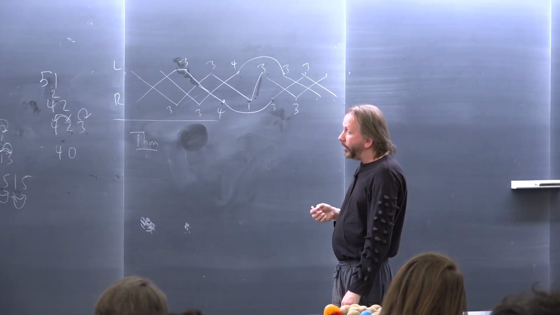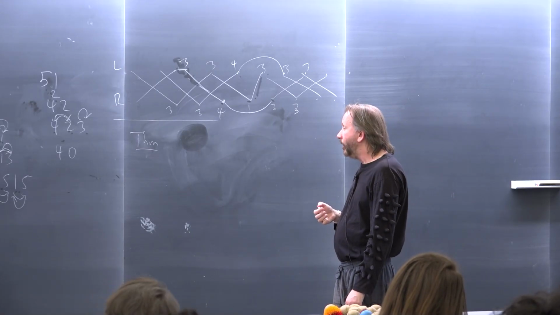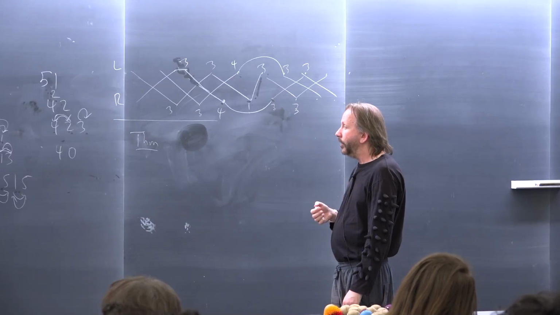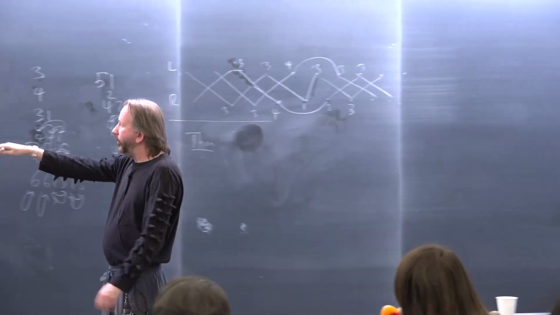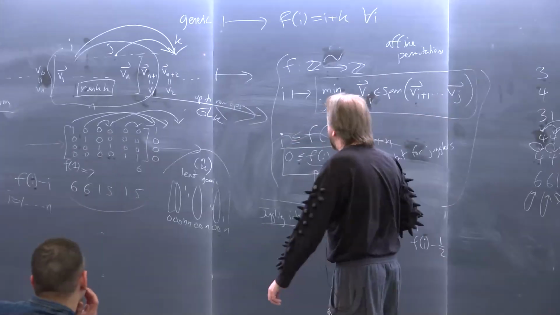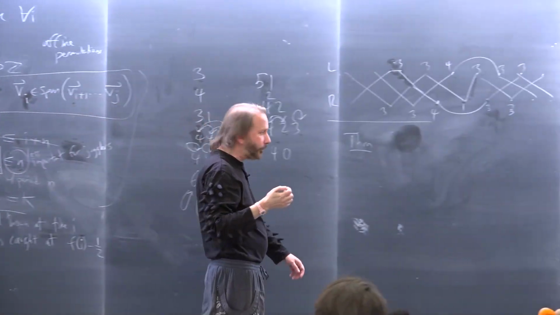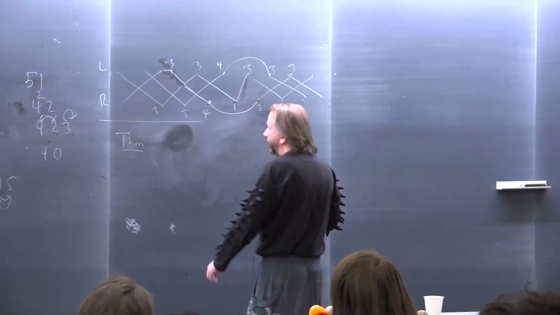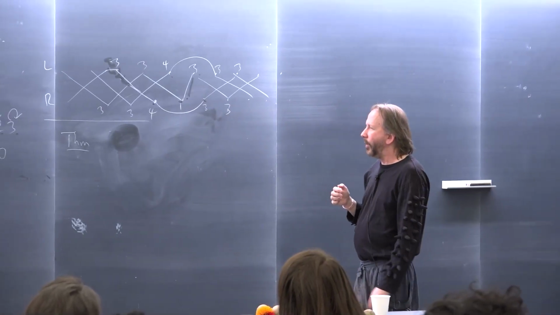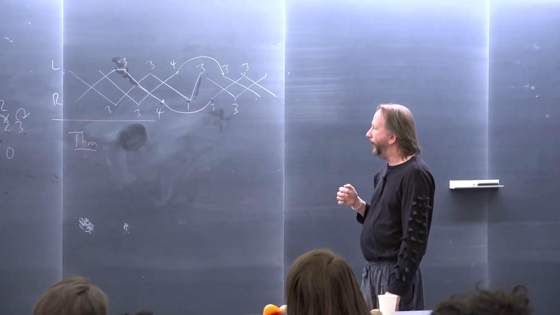So I got into this in '88. The stuff relating it to matrices and so on, that's more like 2009. So I was thinking about this for quite a while before connecting it to my day job.